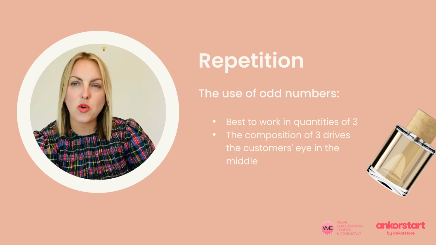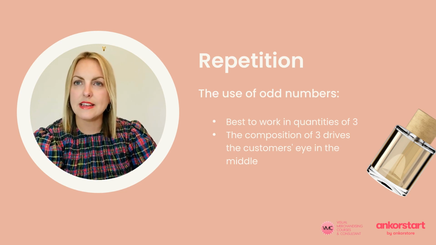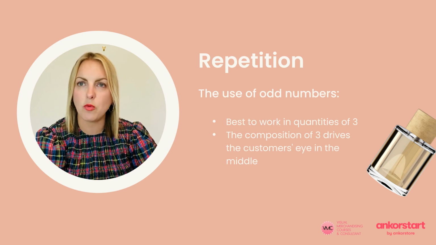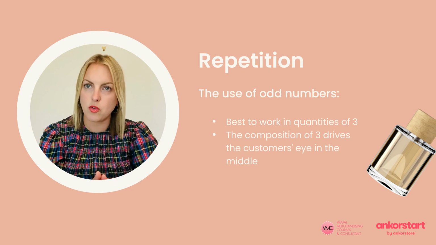So using odd numbers, particularly 3s, is really common, and it seems to be really pleasing on the eye, and it helps to take the customer's eye into the middle on the focal point.